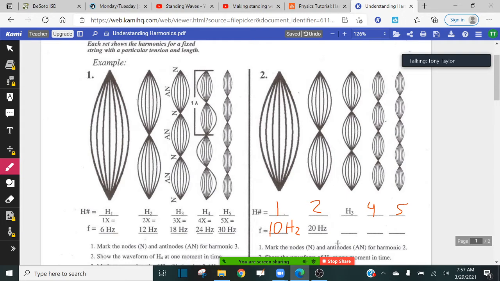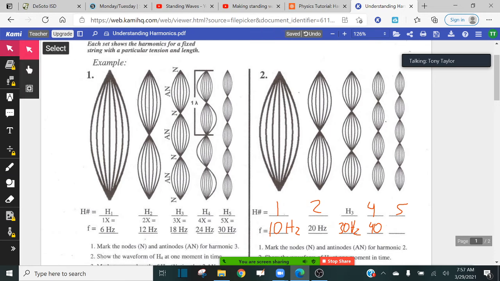What about the frequency of the third harmonic? I would just do 10 times 3, and that would give me 30 hertz. The frequency of the fourth harmonic is just 4 times 10, which gives me 40 hertz.